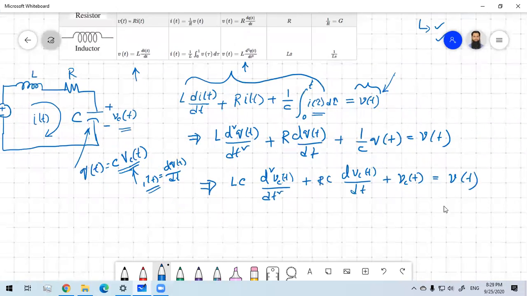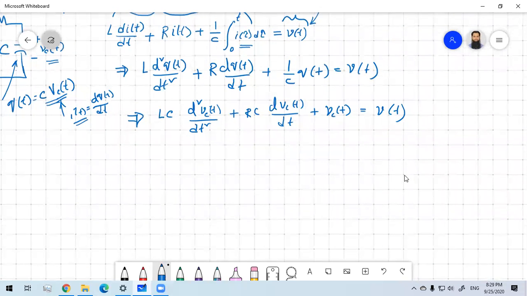Okay, now as you can see, on one side you have the output parameter, which is vc(t), and on the other side you have the input parameter, which is v(t). Now we have the differential equation.